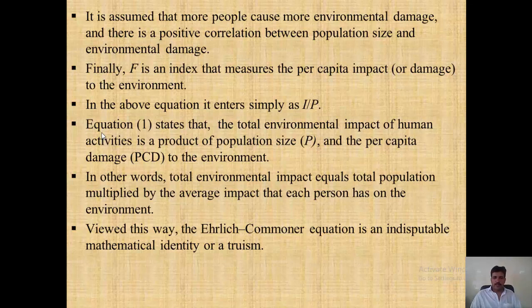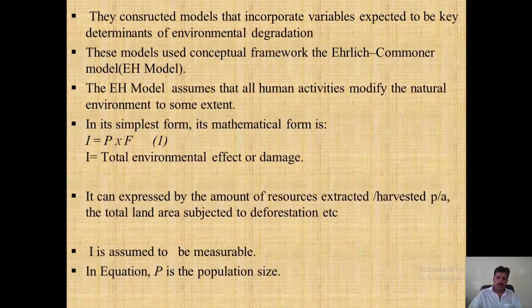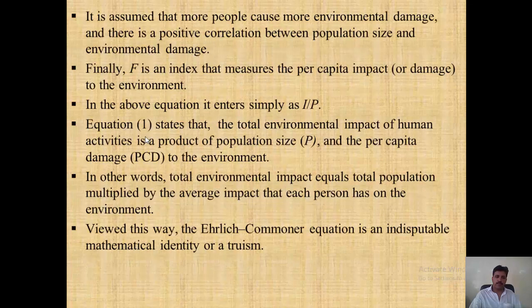Viewed this way, the EH model is an indisputable mathematical identity or truism. This is an important model, in which the total environmental impact is equal to the population multiplied by per capita environmental damage.